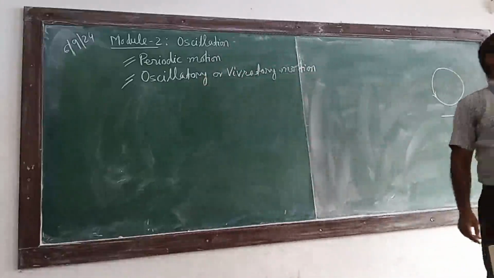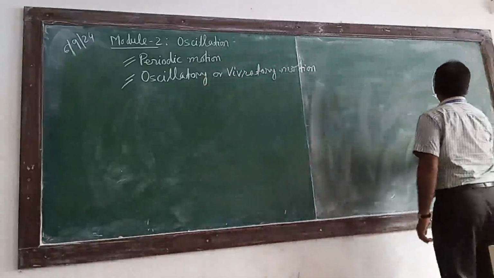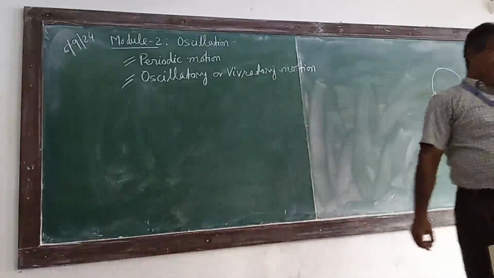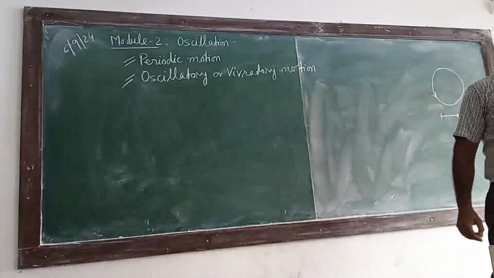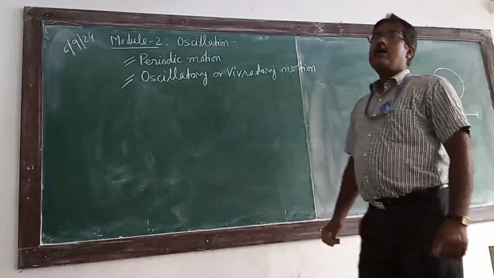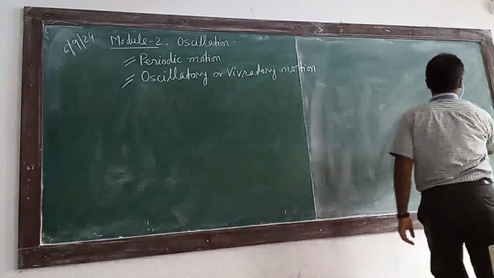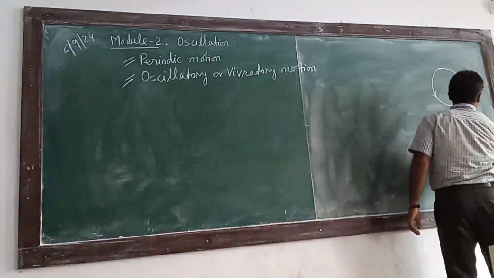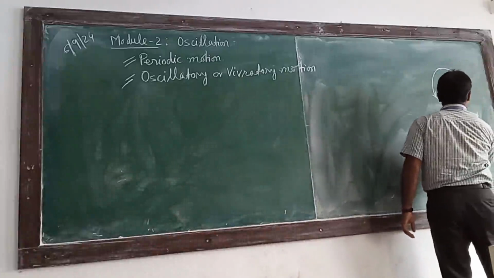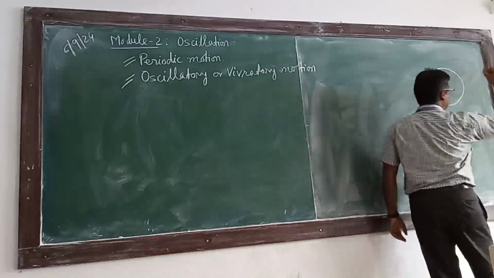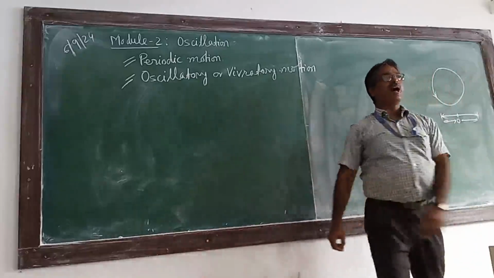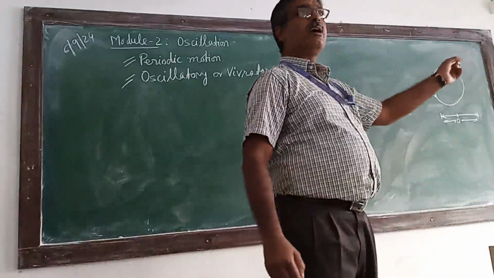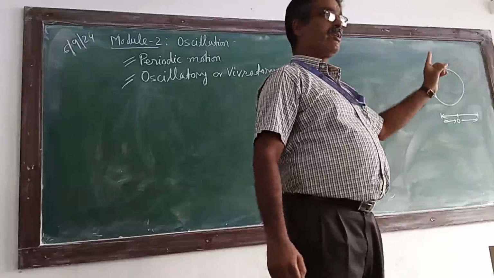If a particle in periodic motion moves back and forth, that means when we start from O, then it goes in this direction, after then it comes in this direction, then goes in this direction, then goes in this direction. Then that is also called the oscillatory motion. It is like a periodic motion, but it is a back and forth motion.